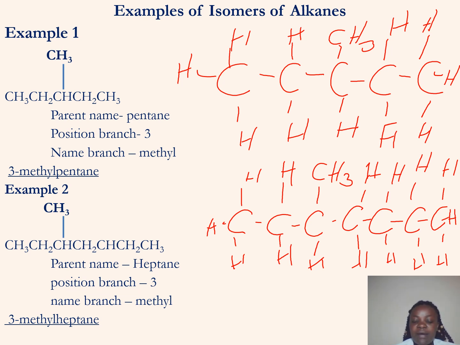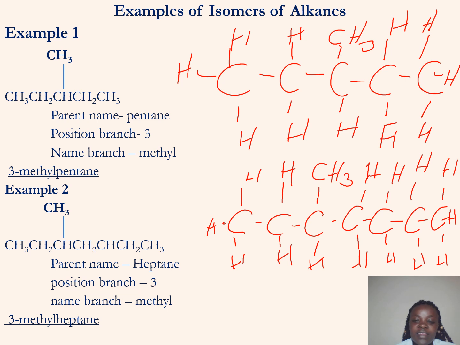So now let us name this isomer. The longest carbon chain, it's this one. It has 7 carbon atoms. So from 7 we have hept, so heptane. The position of the branch is at carbon number 3. So 3. Then the name of the branch is methyl. So how do we name this isomer?